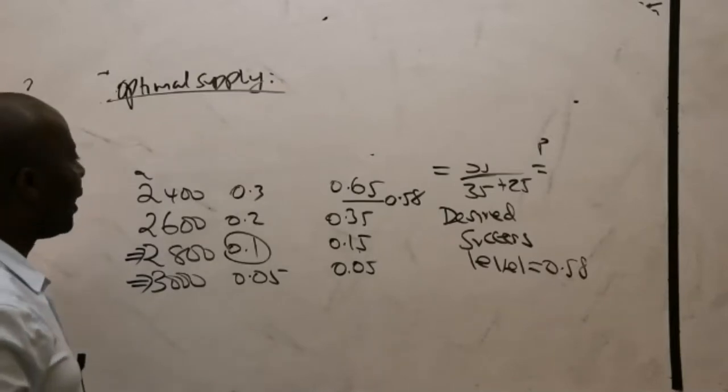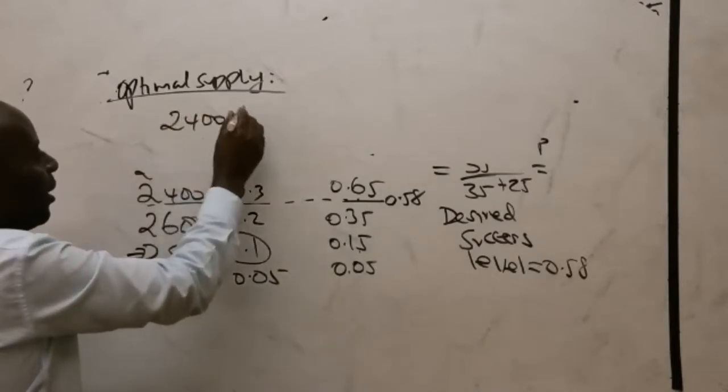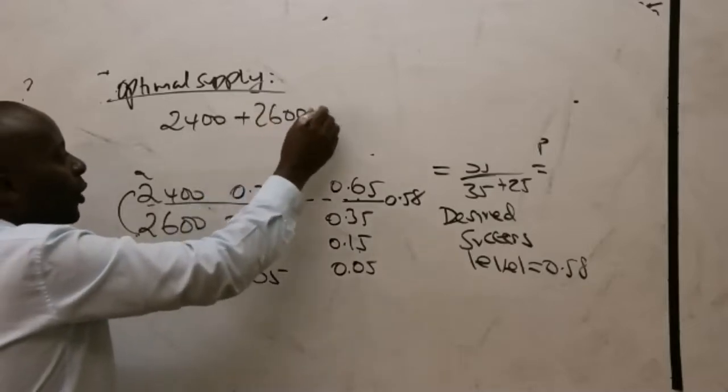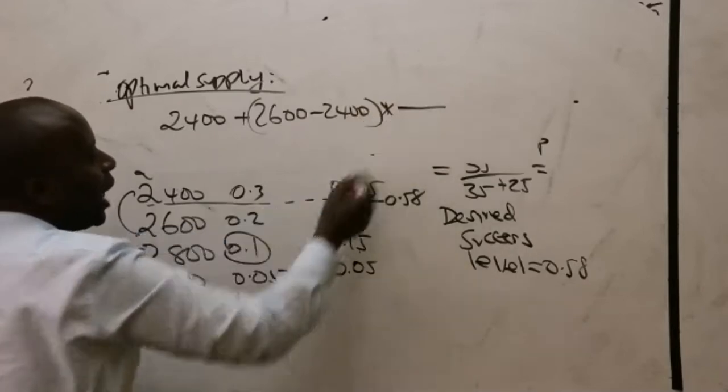It's falling here. You start with the lower, plus the difference between these two, 2600 minus 2400, multiplied by the upper arc.